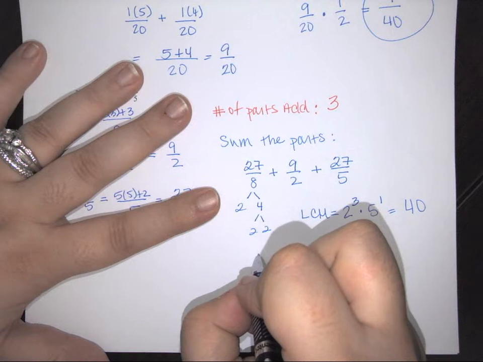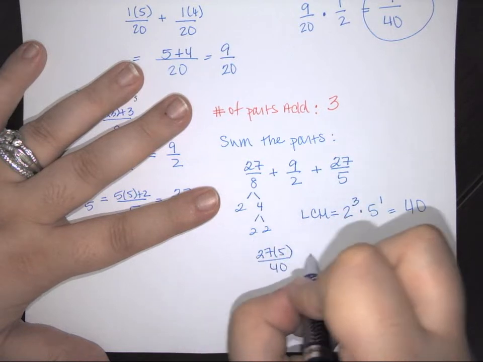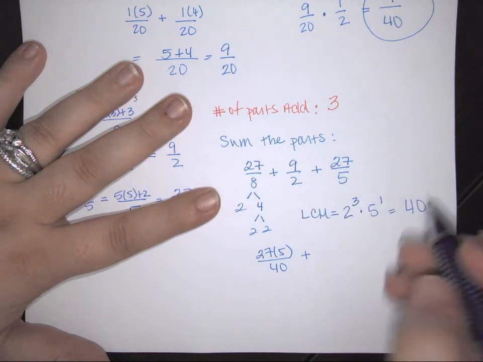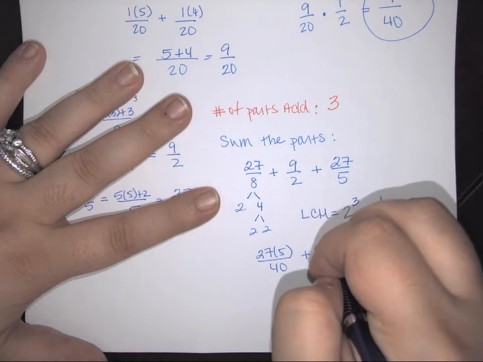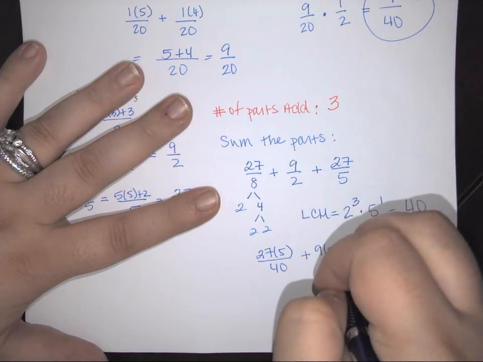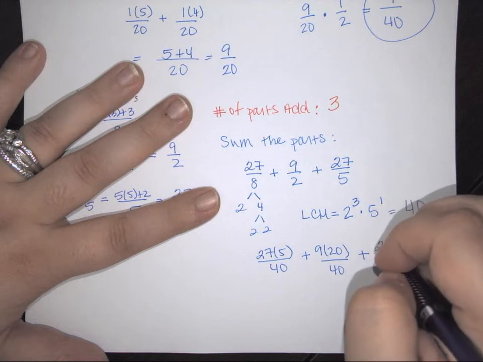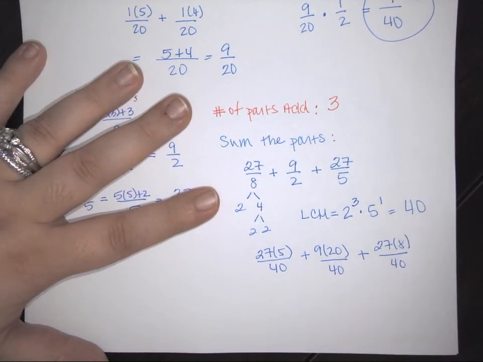So this becomes 27 times 5 over 40, added to, 2 to 40 means multiply by 20, so this becomes 9 times 20 over 40, and I have to add it to 27 times 8 over 40.